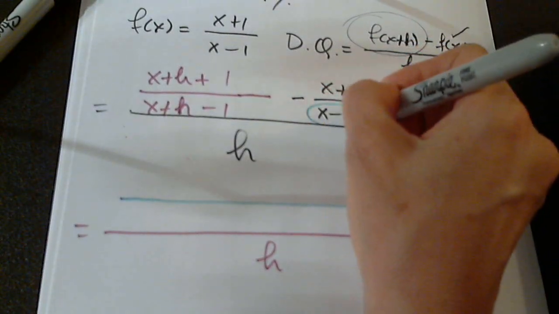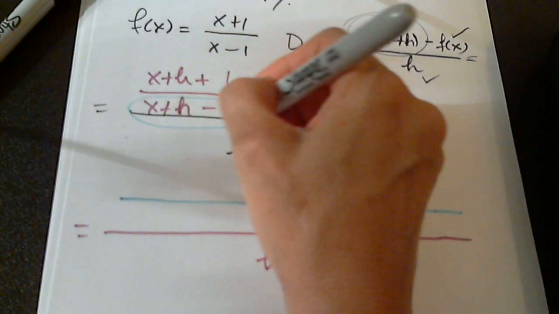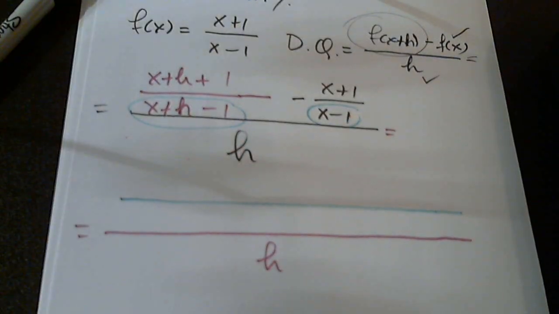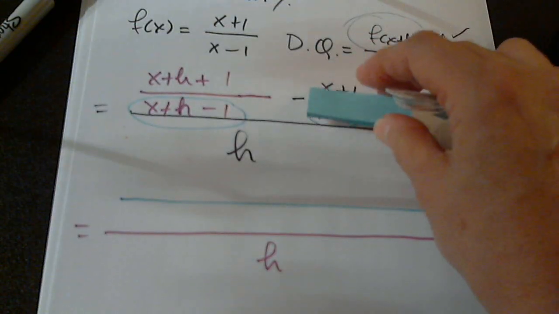So this is one denominator, and this is the other denominator. Can anyone tell us what is the least common denominator? I'm going to give you a hint. If you want to say something, please go ahead. Is it h? I'm looking for some of my props.